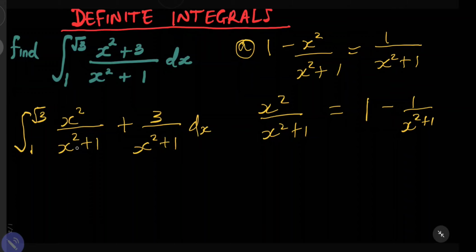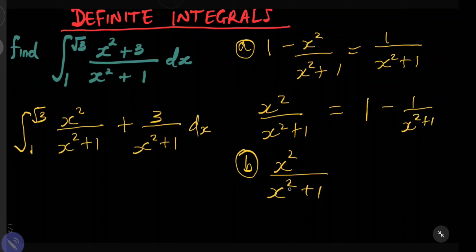So 1 minus this term would give us this. So if 1 minus this gives us this, it means that when we move this over to the right hand side, x squared divided by x squared plus 1 is equal to 1 minus this.